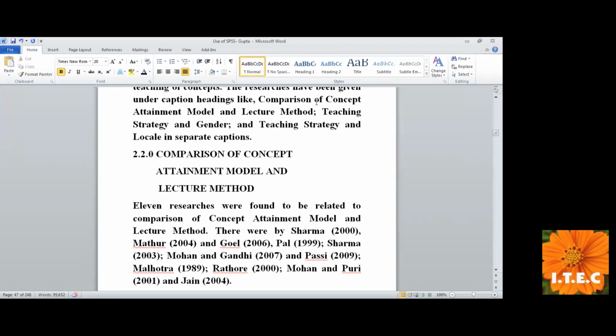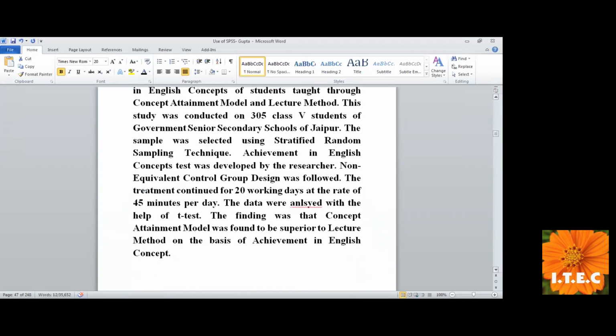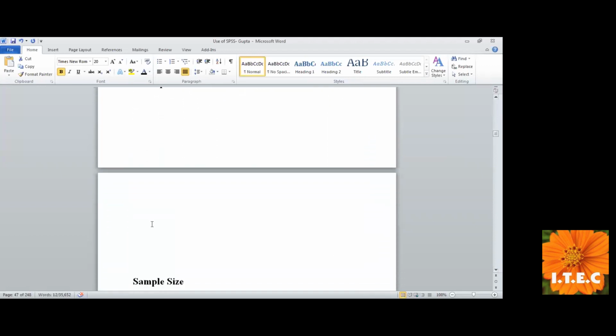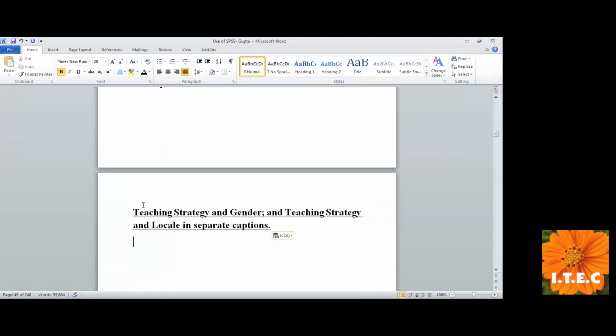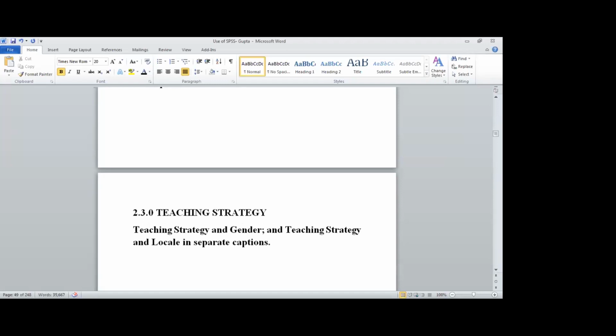Then 2.3.0 will be teaching strategy and gender.